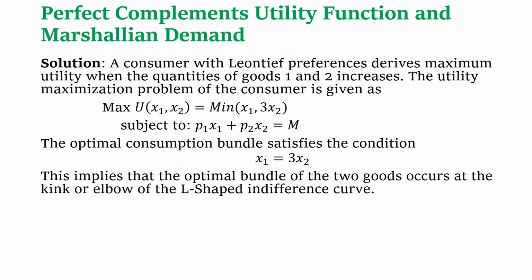So once you know this condition, you then plug this into the budget constraint. Then you solve. So you notice here that the optimal bundle of the goods occurs at the kink or the elbow of the L-shaped indifference curve. So we are only going to obtain one particular point there, which is just the elbow, right? Or the kink of the indifference curve.